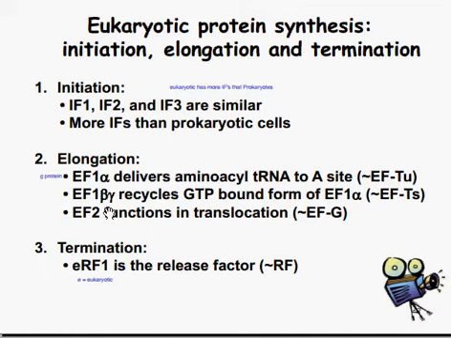Then EF1 beta recycles the GTP-bound form of EF1 alpha, so equivalent to EF-Ts. And then EF2 functions in translocation, similar to EF-G. So termination is eRF1, a release factor. The e, in this case, is eukaryotic RF1.